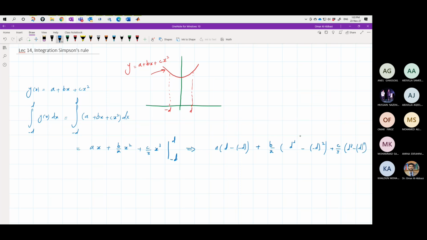So, did you all follow me on that? Yes. If I continue on, you will see that it gives 2ad plus 2 over 3 cd cubed. This is simple algebra that you can go through. You can see that this cancels out over there, and the 2 comes over here and 2 comes over there. So that's why 2ad plus 2 over 3 cd cubed.